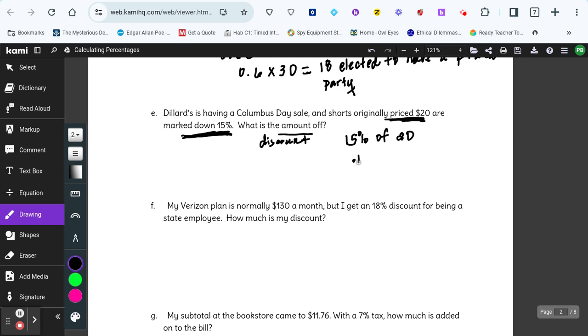It's going to be 0.15 times 20. So we're going to punch in 0.15 times 20 using the calculator. And we see we get 3. So we're going to take $3 off because it only asks for the discount, or the amount off.